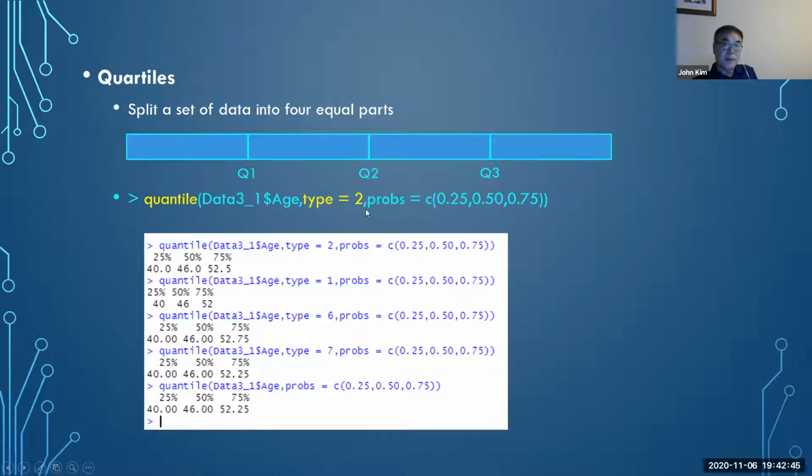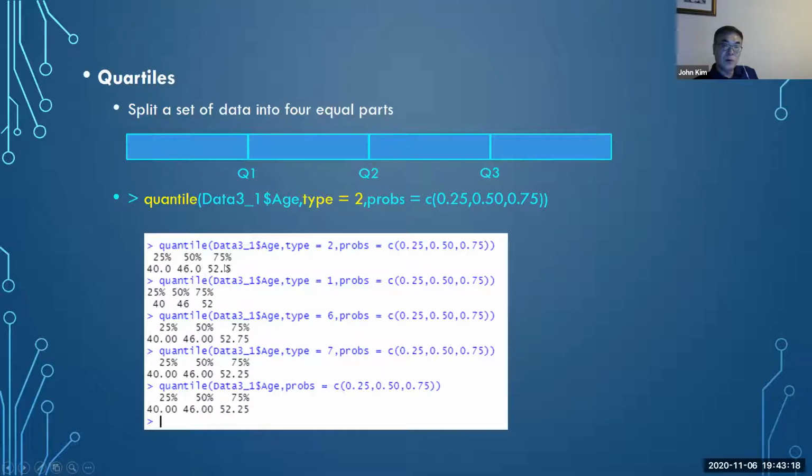And then this type 2: if we use type 2, then it cuts like this, 40, 46, 52.5. If we use type 1, then this one produces a whole number. Type 6 gives decimals, like 2 decimal points.